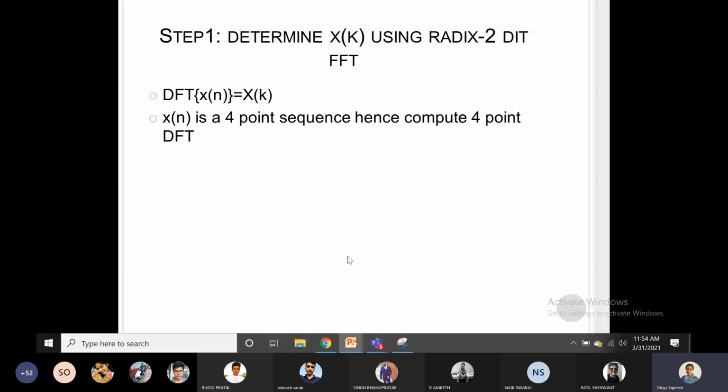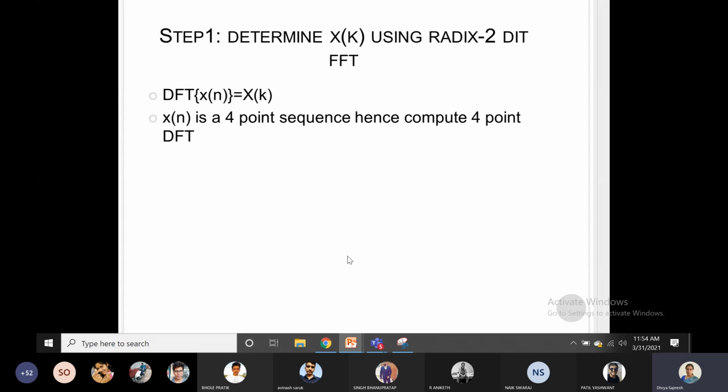So how can you obtain x of k? From x of n. x of n, we have appended zeros and made it a 4-point sequence. So we can apply the 4-point DFT to x of n to obtain x of k. So we learned the FFT algorithm.